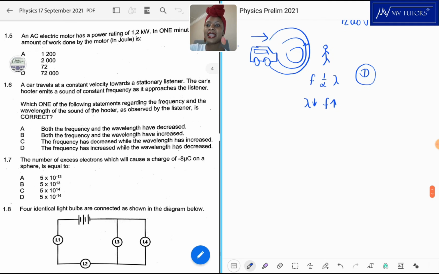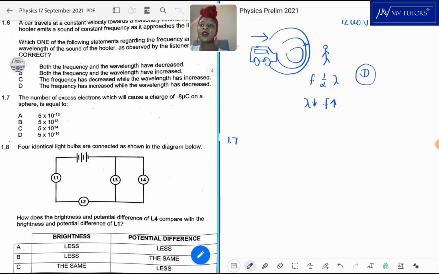Okay. And then 1.7. So the number of excess electrons which will cause a charge of -8 microcoulomb on a sphere is equal to... So if you want to get the number of electrons, it's equal to the charge of that specific sphere over the charge of an electron.